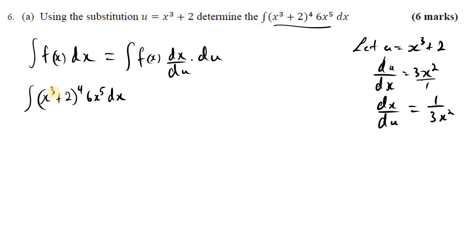So we're going to replace this x cubed plus 2. Let's replace that with u, raised to the fourth power. Then what can we do with this? We could leave the 6x to the fifth power for now, and the dx.